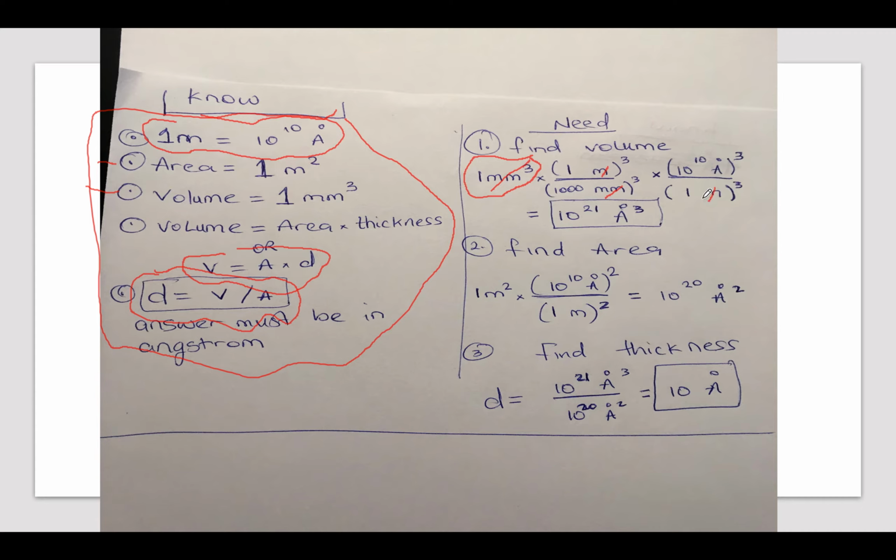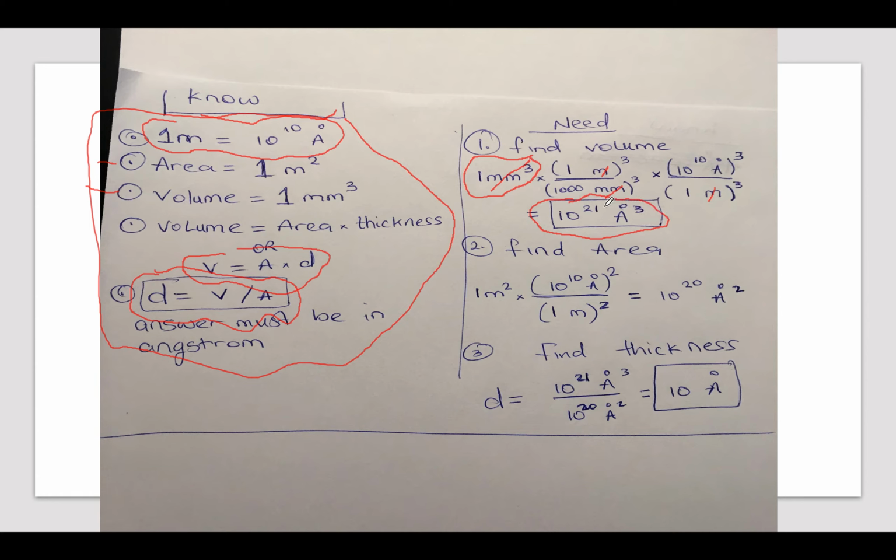Now I have angstroms that is left. So we can use our calculator to plug this in. 1, divide that by 1,000 cubed, multiply that by 10 to the 10th cubed, should give you 10 to the 21 cubic angstroms.